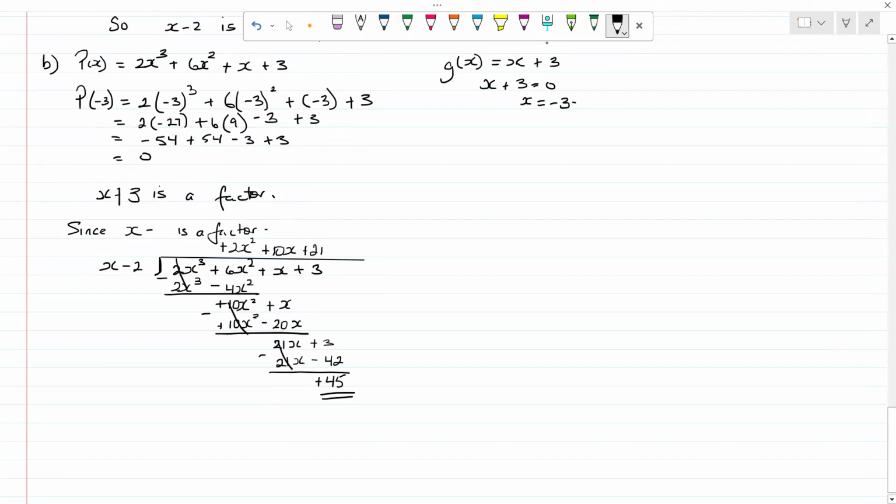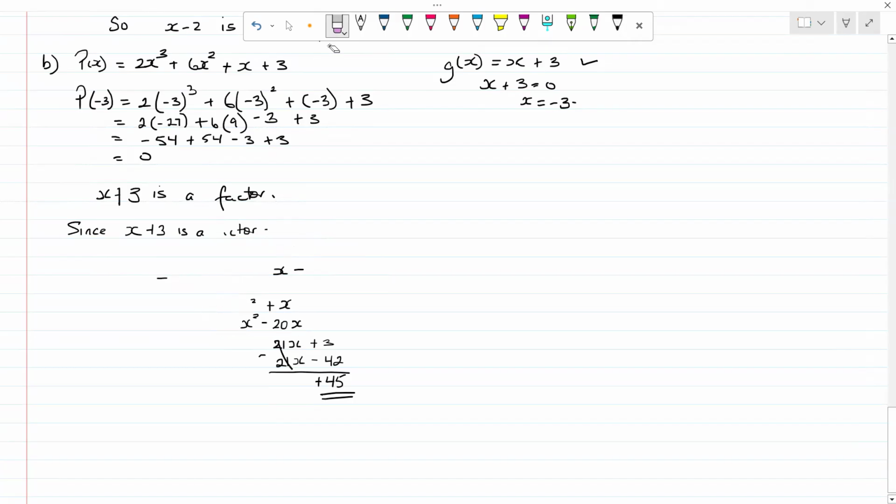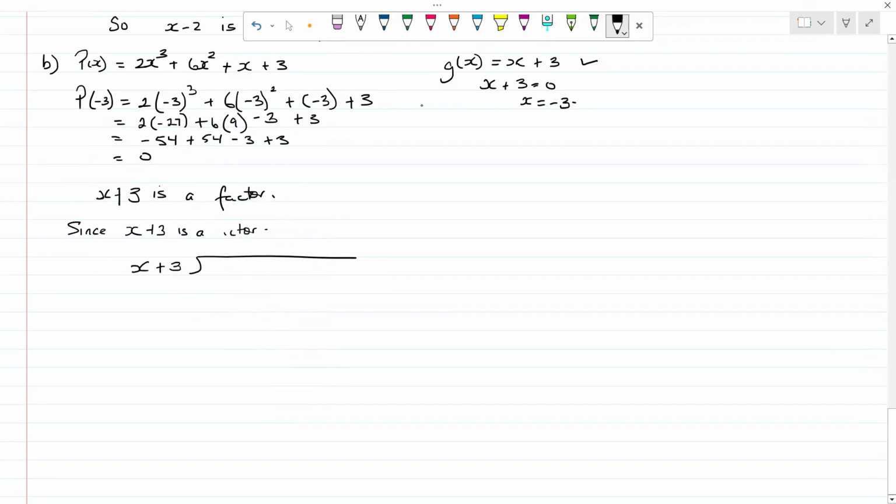It's x plus 3 is a factor. You gotta be careful. All that working, and you copy the wrong thing. Pressure in exam. Time gone. Panicking now. It's alright to fix it.